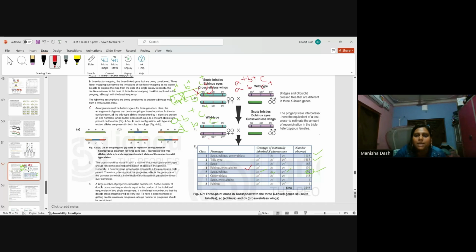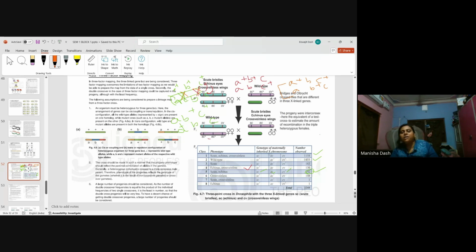Now, if there is a double crossover, what does double crossover mean? At a time, there will be crossing over between A and B, as well as crossing over between B and C. So in this condition, what genotypes will you get? You will have A plus, B and C plus. Then you will have A, B plus and C. So these are the product of double crossover.